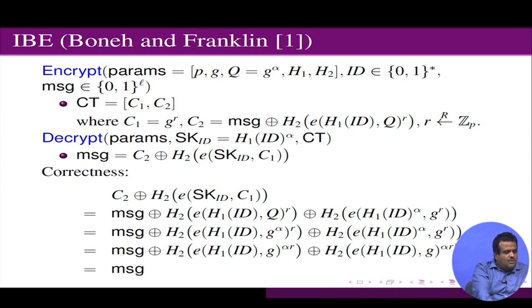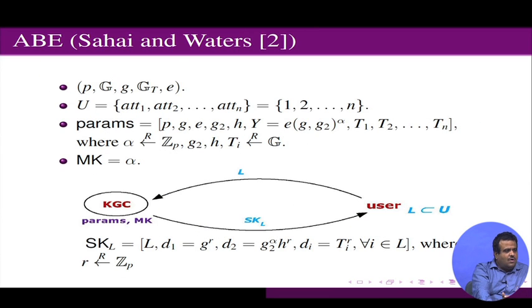Now, we will talk about attribute based encryption, by Sahai and Waters. This is basically called fuzzy identity based encryption. Why fuzzy? Because suppose we are using a biometric as the identity, such as our fingerprint. Our fingerprint has some characteristics, I think about 40, and based on these characteristics it uniquely determines our fingerprint.